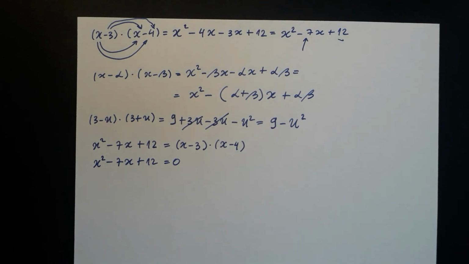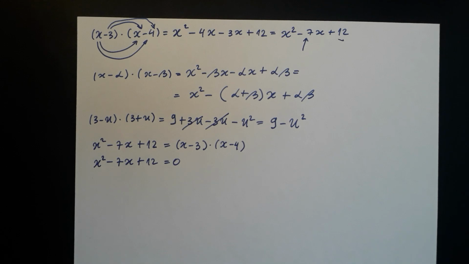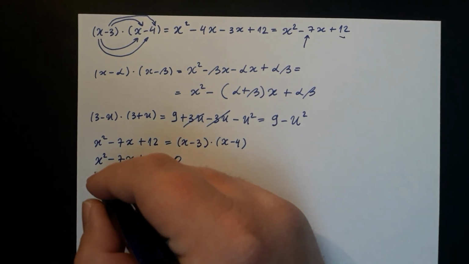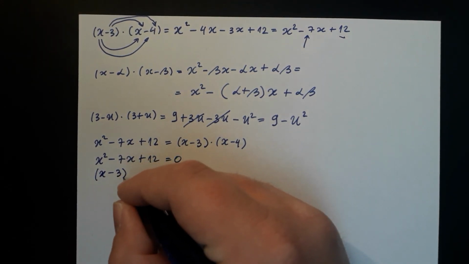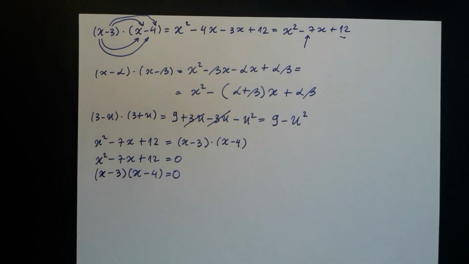You want to know at which points this is true. The nice thing which has happened is that we can write this quadratic term as a product of two terms. So if I want to know exactly when this is going to be equal to 0, I can ask exactly when is x minus 3 multiplied by x minus 4 going to be equal to 0.